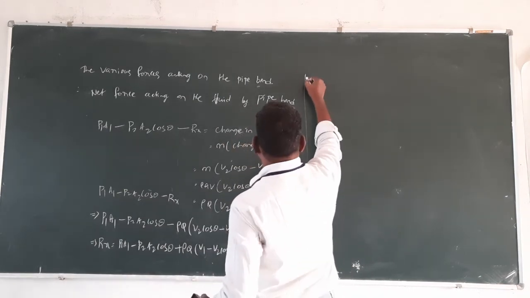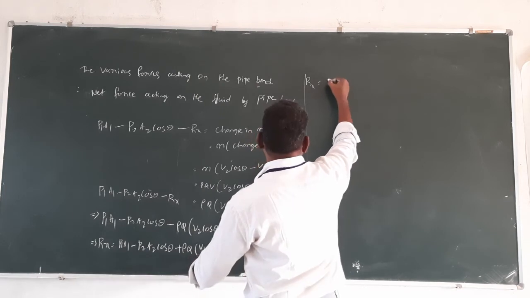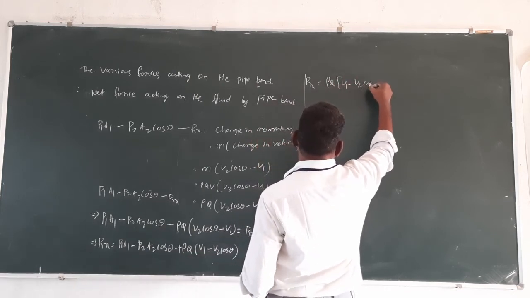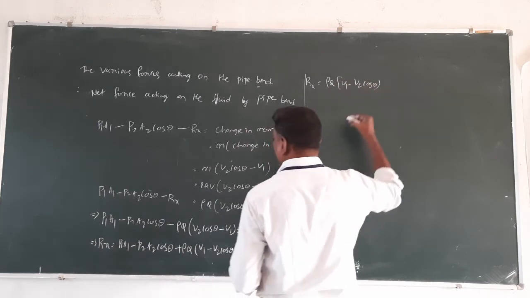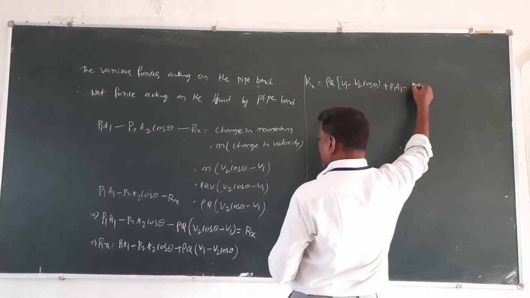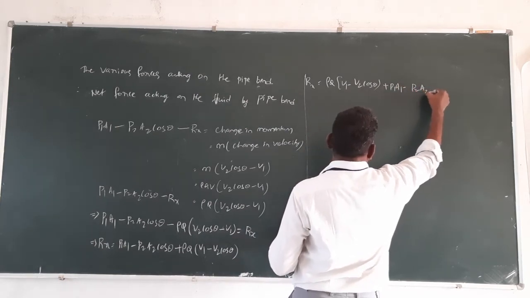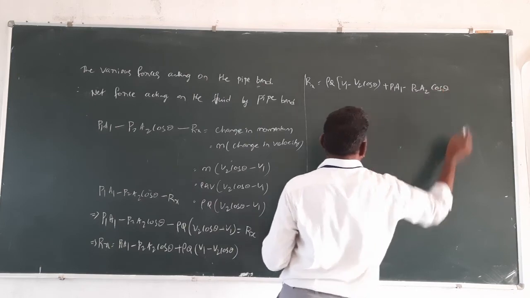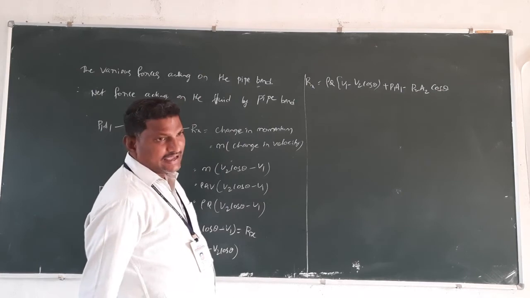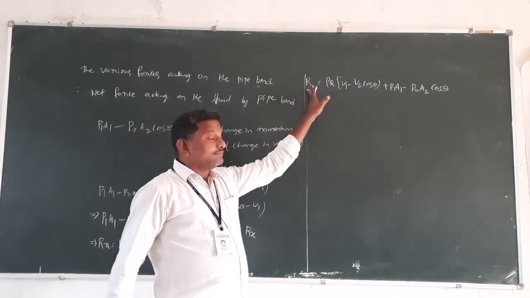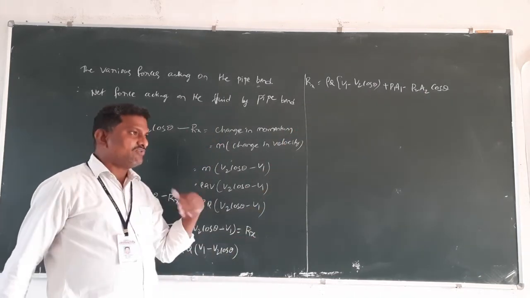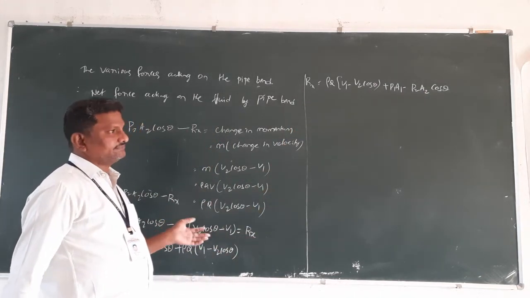Rx is equal to rho Q (V1 minus V2 cos theta) plus P1 A1 minus P2 A2 cos theta. By using this expression, we can calculate the horizontal component of the reaction offered by the pipe bend.